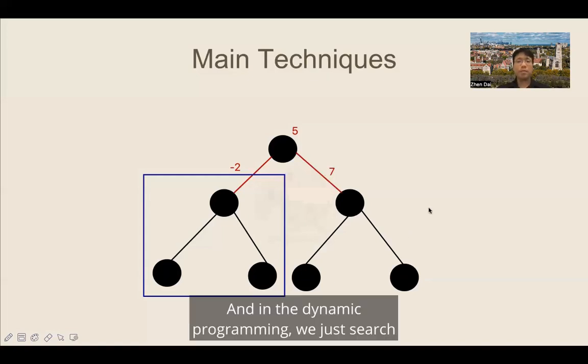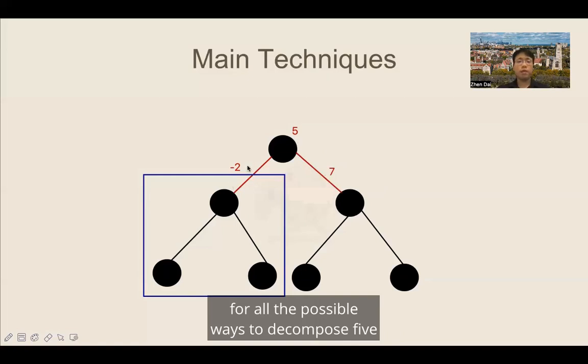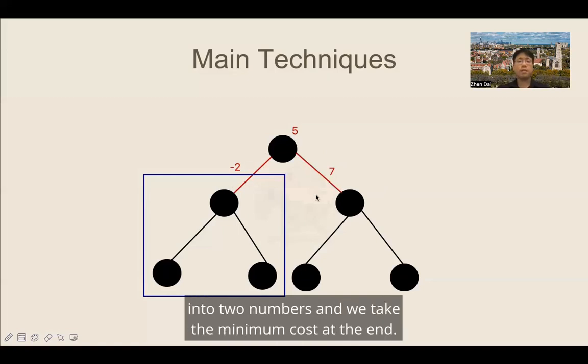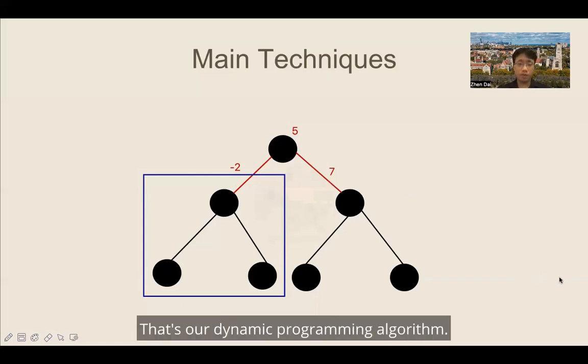In the dynamic programming, we search over all the possible ways to decompose 5 into 2 numbers, and we take the minimum cost at the end. That's our dynamic programming algorithm.